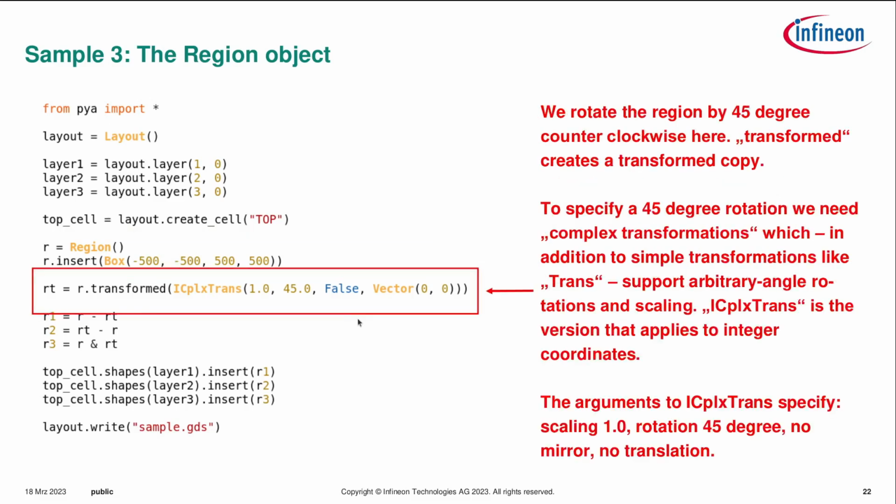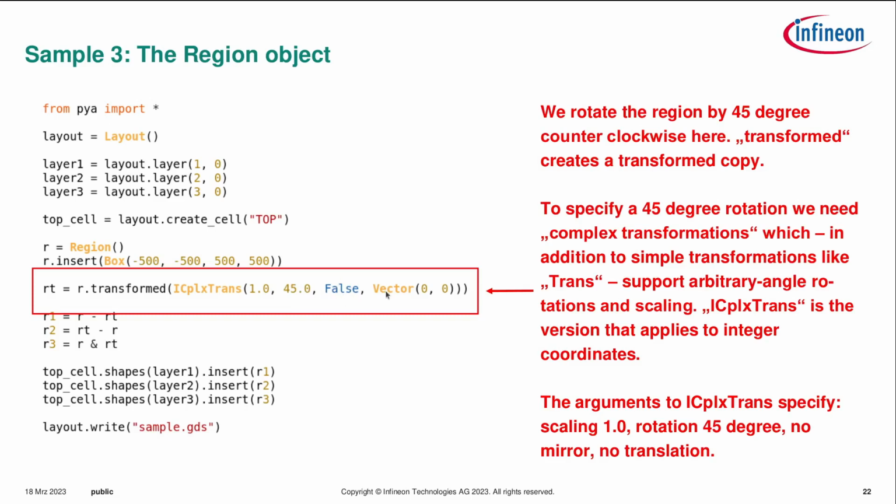Next thing is I'm going to transform the box, and as we want to have a 45-degree rotation, we have to use a complex transformation. So complex transformations are extensions of the simple transformations, and then they allow me to specify a scaling. In this case, it's 1. So we don't want to scale. An arbitrary rotation angle in degree. So in this case, we are using 45 degree. This is the mirroring flag.